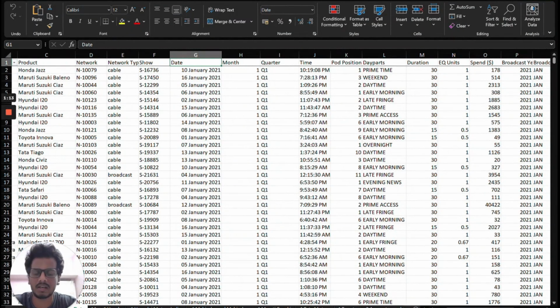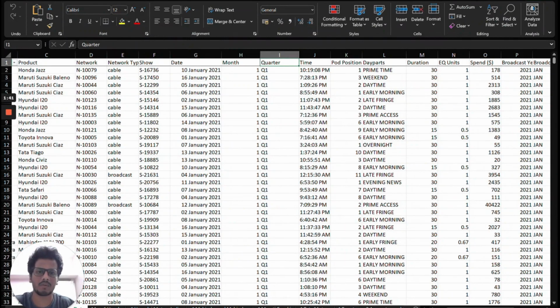Now this data deals with the ads which were posted, and the detailed comparison of those ads. It comes from the date itself. I extracted the column called month from the date using the month formula, and then derived the quarter using the quarter formula.